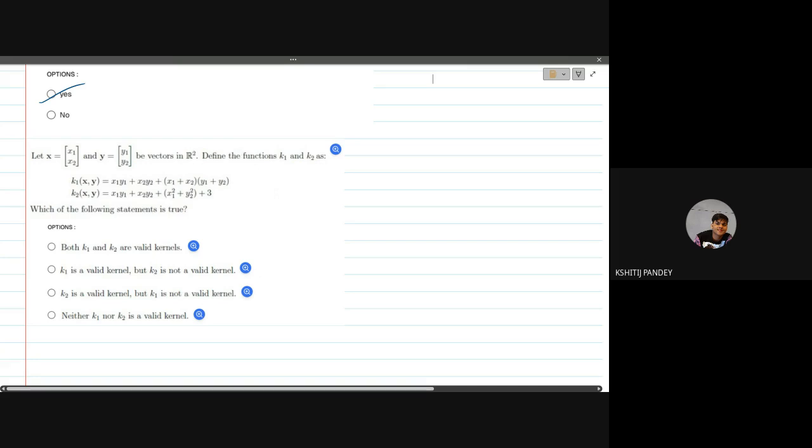If you give two vectors to a kernel function, it will move them to higher dimension where they have linear relationship, and then it takes the dot product of the two. So if we can break this function into two vectors, if it is equal to the dot product of two vectors, then this is a valid kernel function, right? Is that clear?